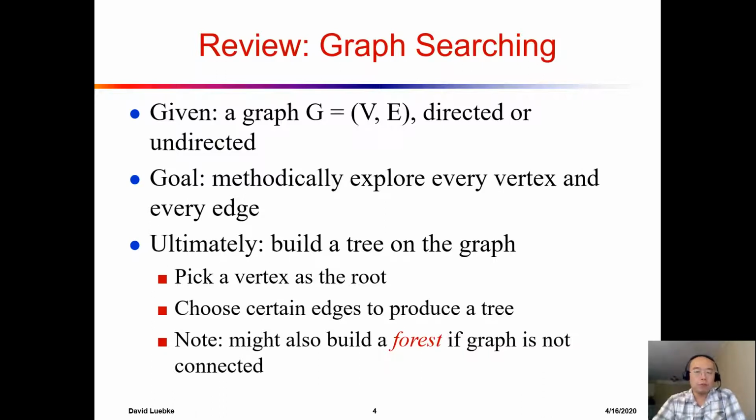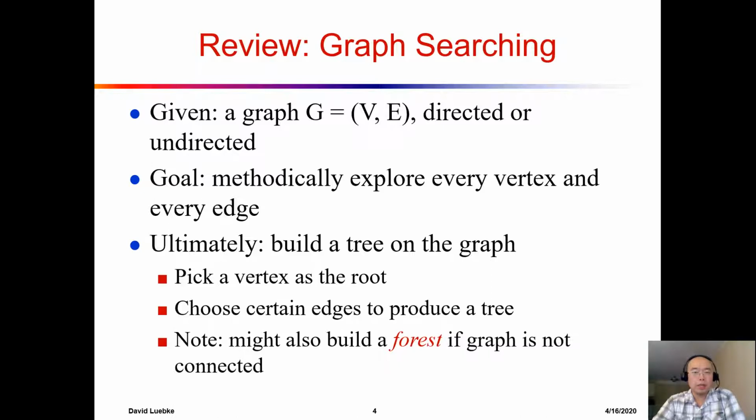For graph searching, we actually want to achieve two different goals at the same time. Goal one is we want to explore every vertex and every edge. So this is the first goal. And the second goal is we also want to create a tree structure. So we want to keep definitely all the nodes, but we don't want to keep all the edges.